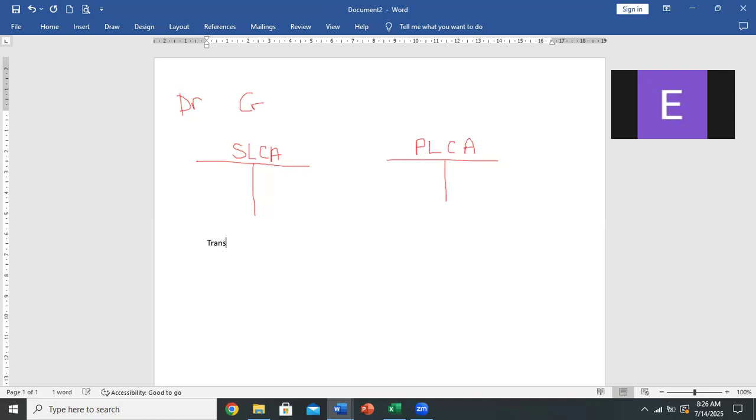Transfer a debit balance of $500 from the sales ledger control account to the purchases ledger control account.